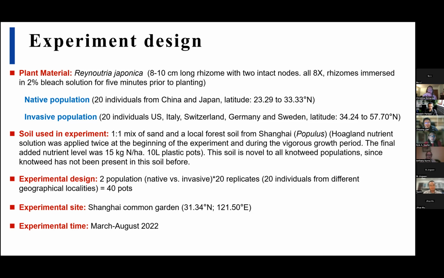Totally, 40 pots. The plant material used was knotweed with 20 individuals from China and Japan as the native population, and 20 individuals from the U.S., Italy, Switzerland, Germany, and Sweden for the invasive population.